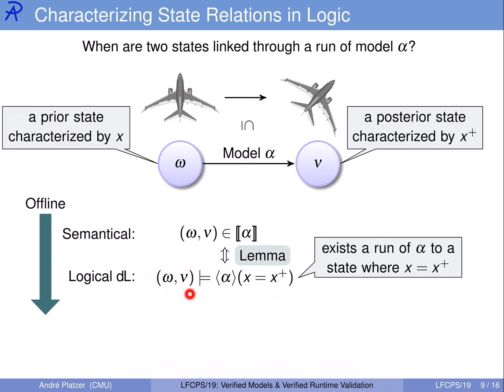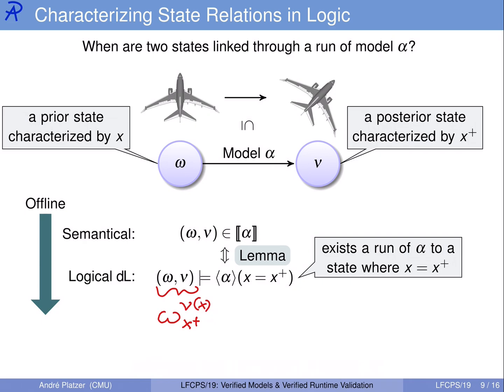And this is a bit of a funky thing that I'm doing here. I'm passing in two states into a satisfaction question for a logical formula, but what I mean by this notation is mainly the same as the old state omega, except that the values of the x plus variable, which didn't occur previously, are modified to the values that in the new state, nu, the variables x have.